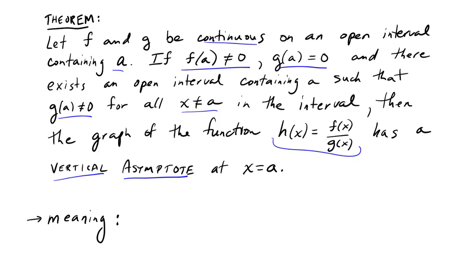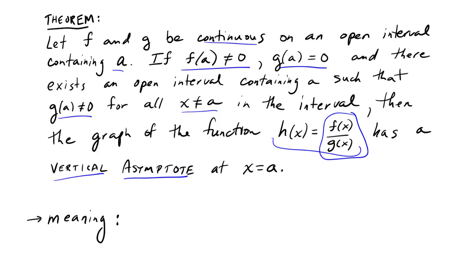So this makes a very formal statement about where we should be looking for asymptotes when we have some sort of fractional expression. The most common fractional expressions we're going to look at are rational expressions, but this isn't limited to that.